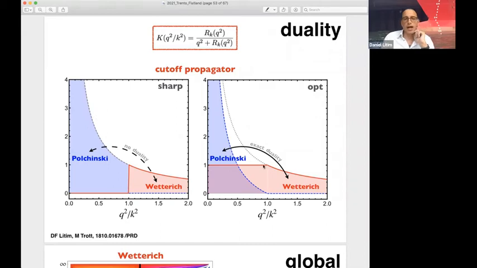And if I now decide I cut it somewhere to split UV and IR, maybe along this red line, then this is an infrared cutoff from the point of view of the Wetterich equation. So the Wetterich equation would retain information related to the modes down here in red, whereas the Polchinski equation retains the information encoded in the blue bit. And the sum of the two exactly gives you back the full propagator.